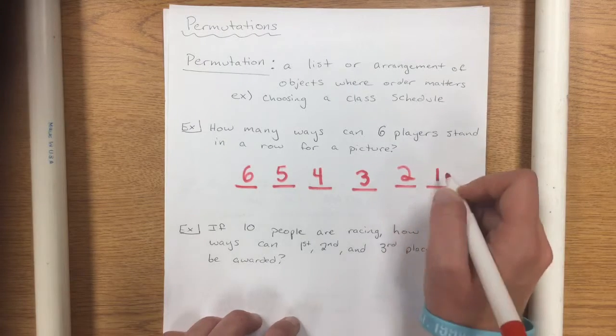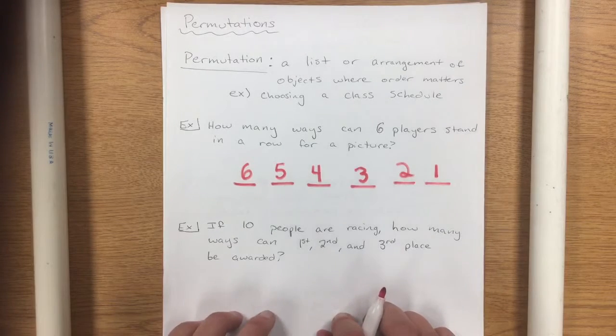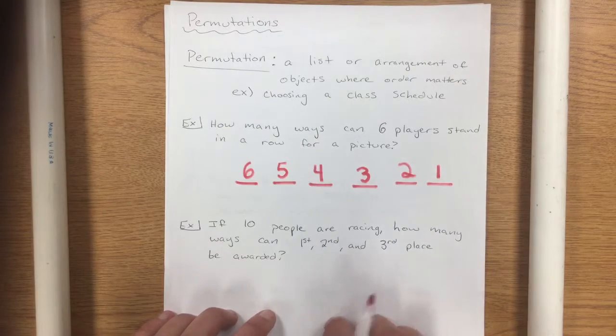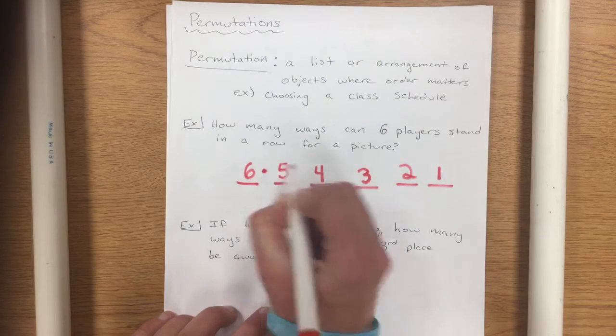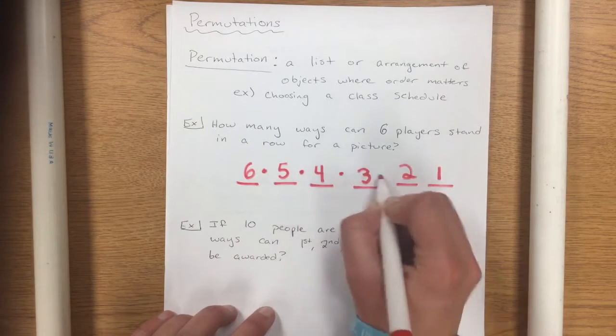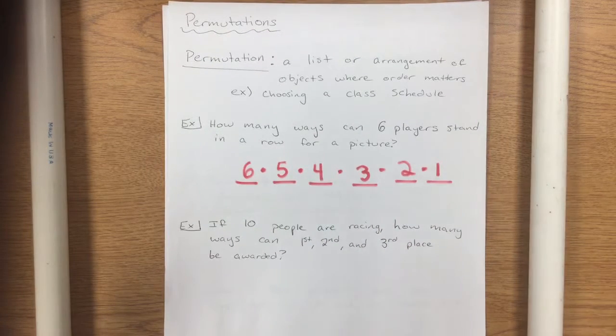Just 1. All right, so now we have all these numbers. But it's kind of like our fundamental counting principle. We need to multiply them all together. So go ahead and multiply 6 times 5 times 4 times 3 times 2 times 1.